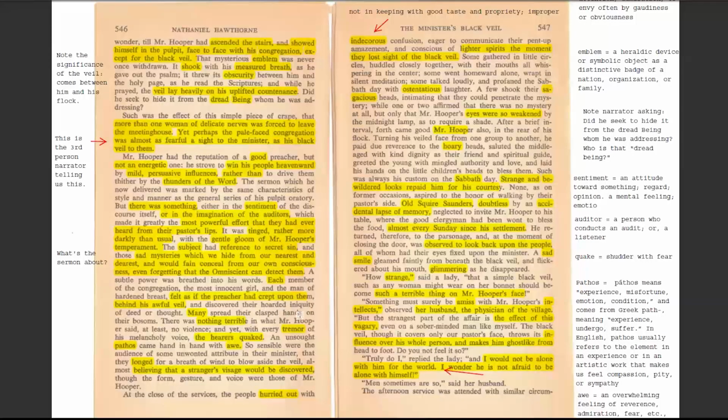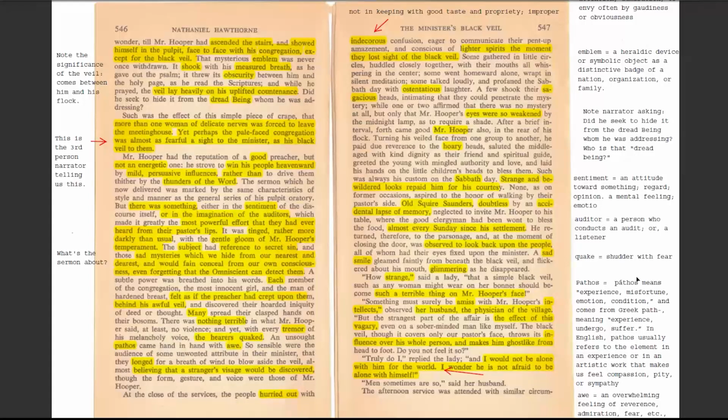Many spread their clasped hands on their bosoms. There was nothing terrible in what he said. There was no violence. And yet, at every tremor of his melancholy voice, the hearers quaked. They shook. An unsought pathos.